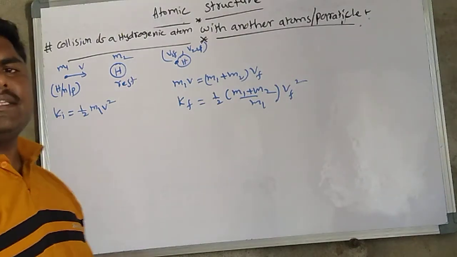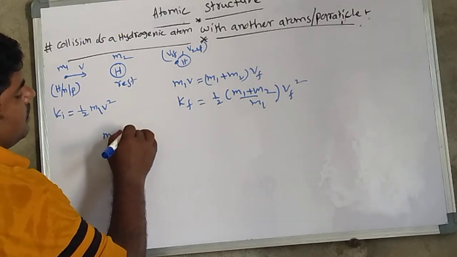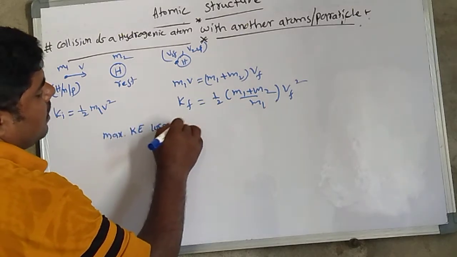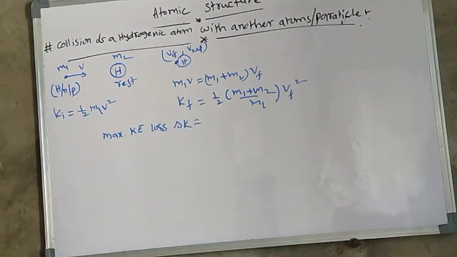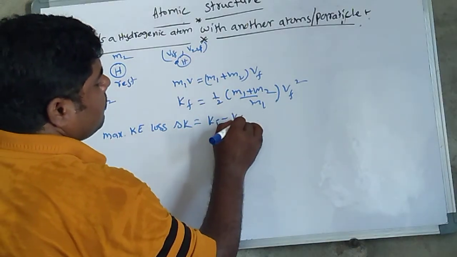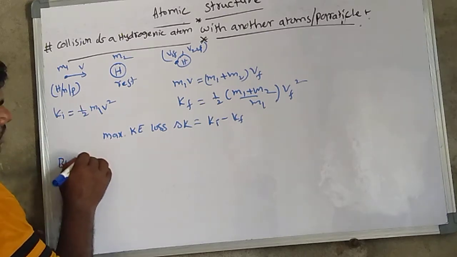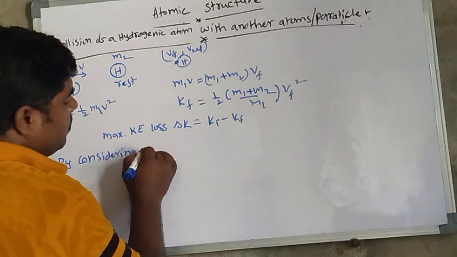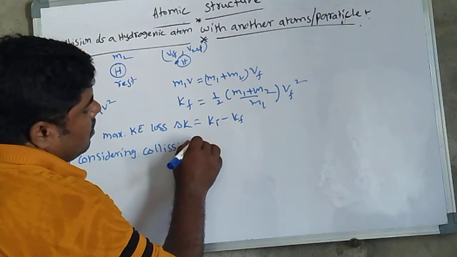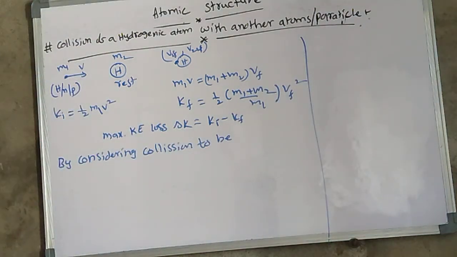Here the maximum kinetic energy loss is equal to the initial kinetic energy minus the final kinetic energy, by considering the collision to be perfectly inelastic.